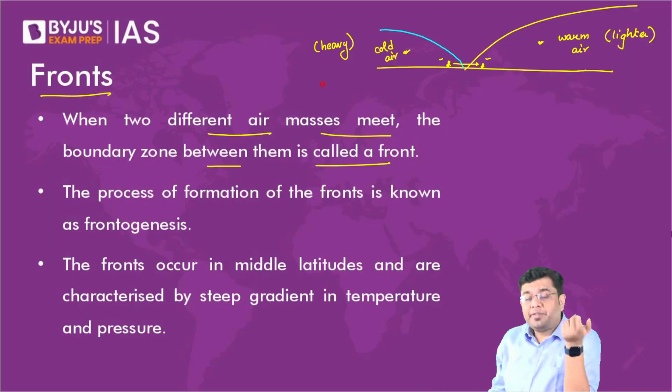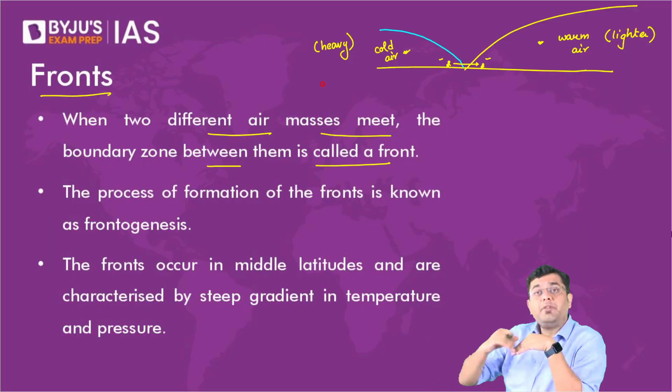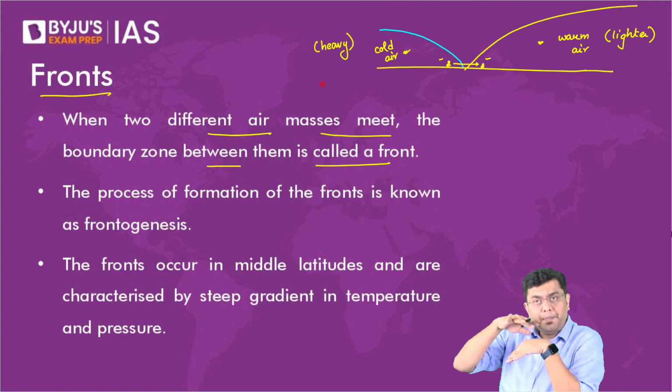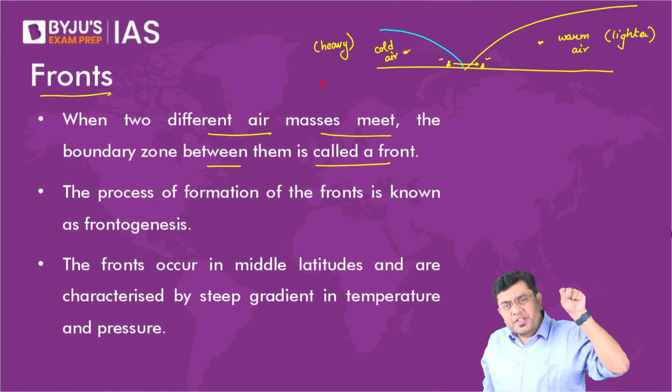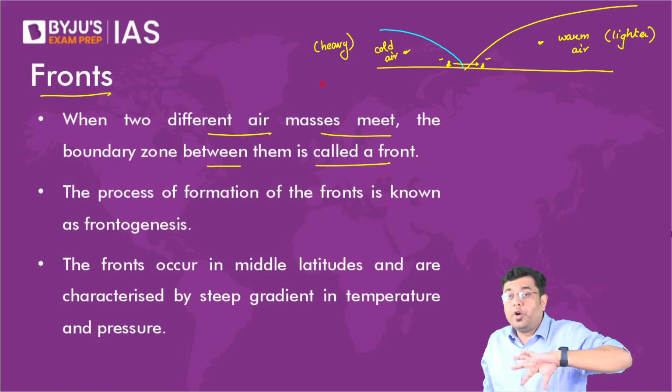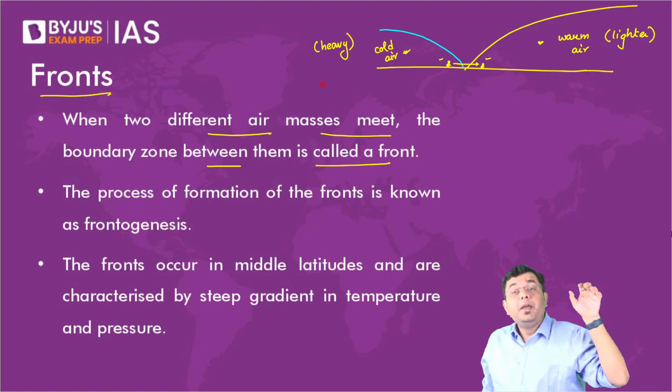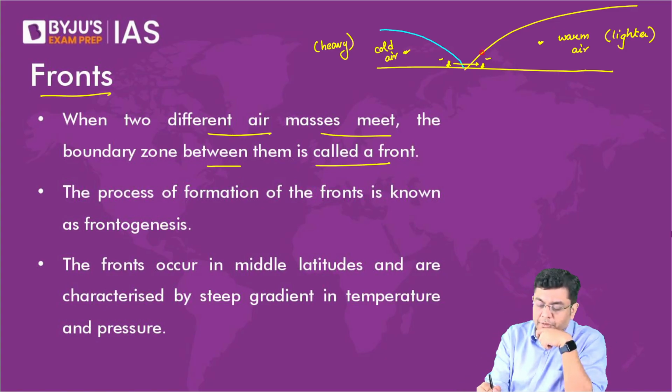You can always envision that the warmer air will be pushed or will be rising up, right? Because the colder, heavier air will very much stick to the ground surface itself. The colder, heavier air won't be lifted up, but the warmer air will be lifted up, isn't it? So you will always experience that the warmer air rises above it.